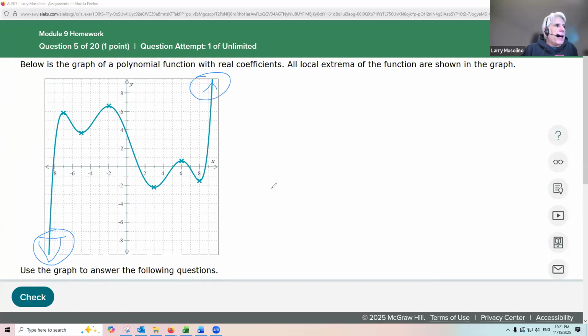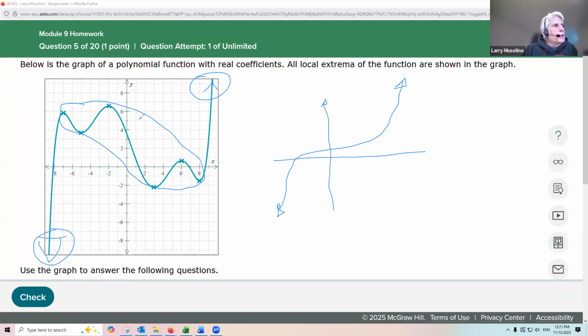So this graph kind of goes down this way and then goes up over here. I know there's these dips and max and mins in between, but I'm ignoring those for this question. When a graph does something like this that I just drew, or does something like this, the leading coefficient here is positive.